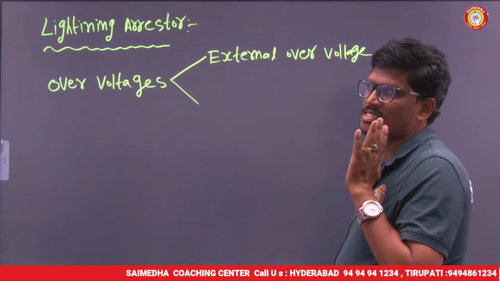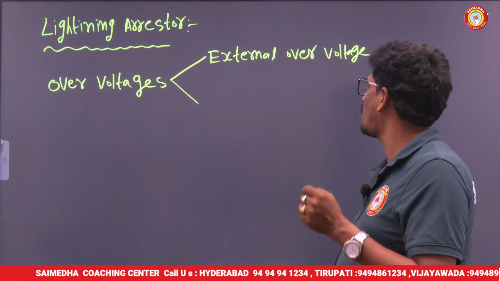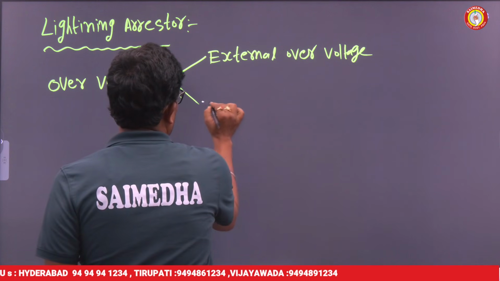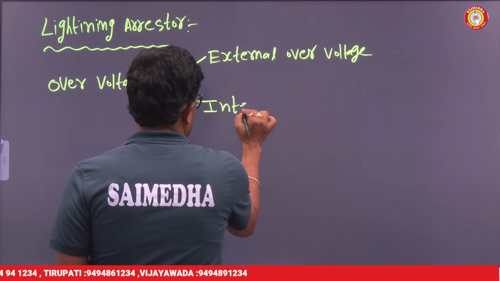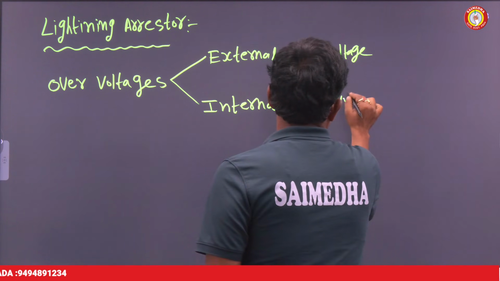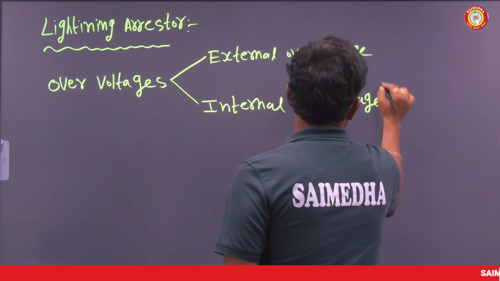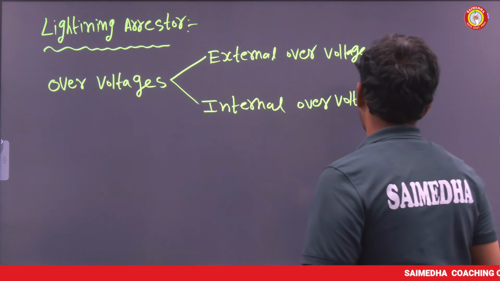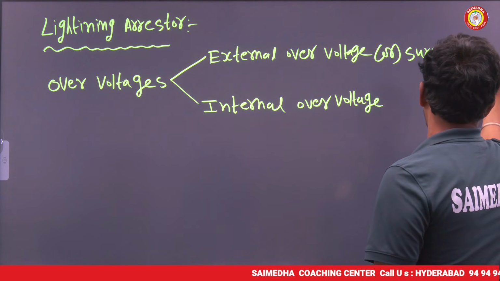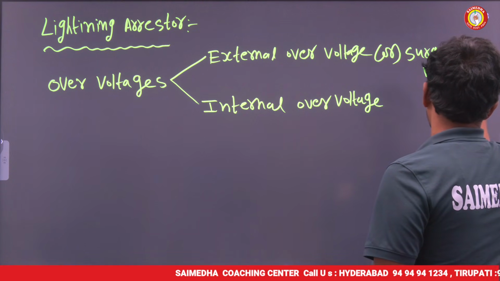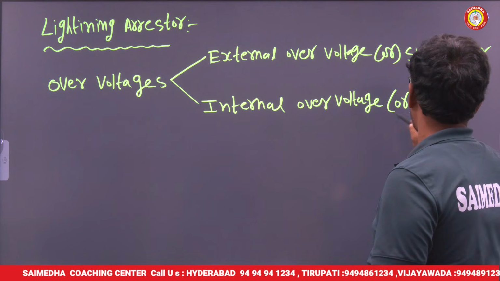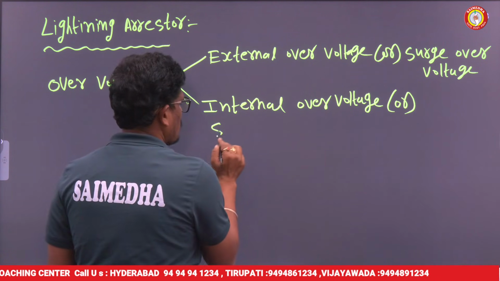But over voltages are basically two types: external over voltages, and the next one, internal over voltages. External over voltage is also called surge over voltage, and internal over voltage is also called switching over voltage.